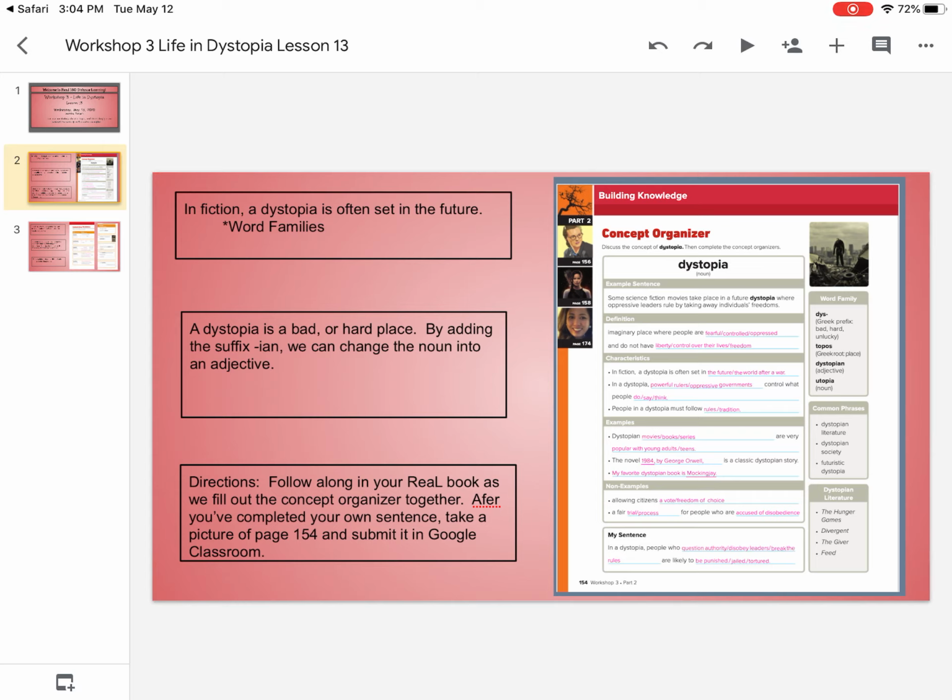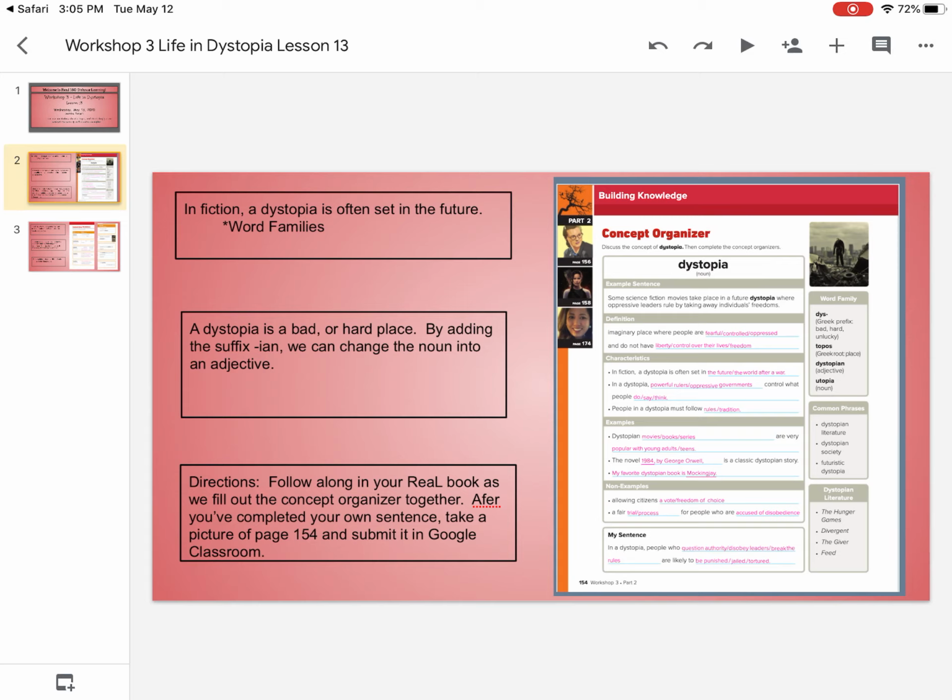As I read through page 154, you may have to pause the recording, but I've also given you the sheet with the answer key, just like we would be doing it in the classroom. A reminder that in fiction, a dystopia is often set in the future.